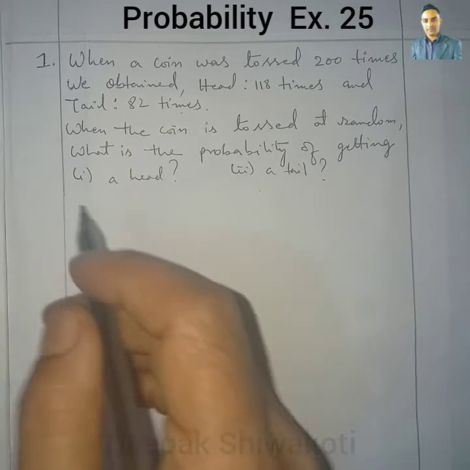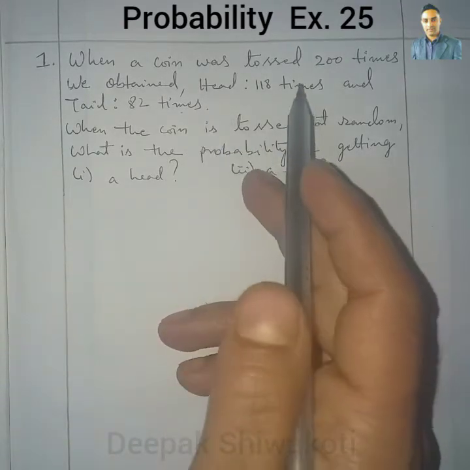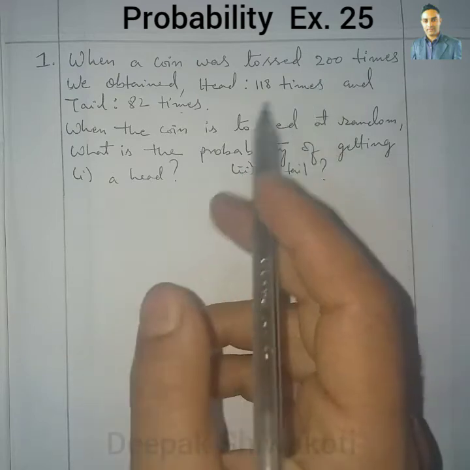So given here is total number of trials, that is 200 times.